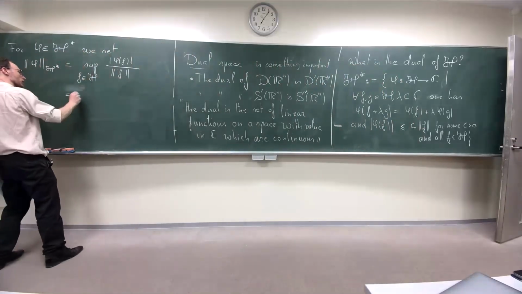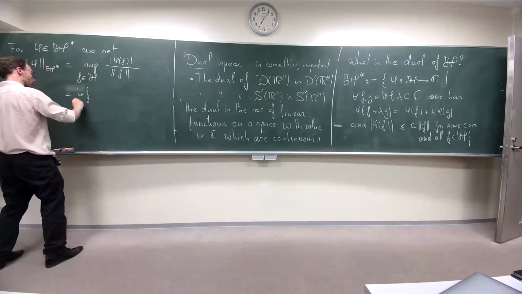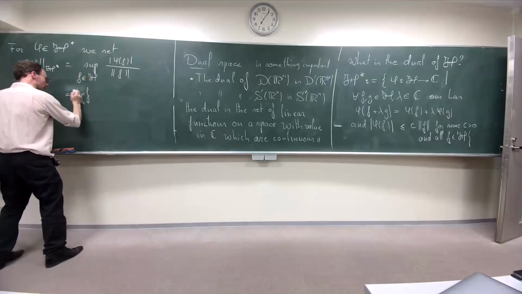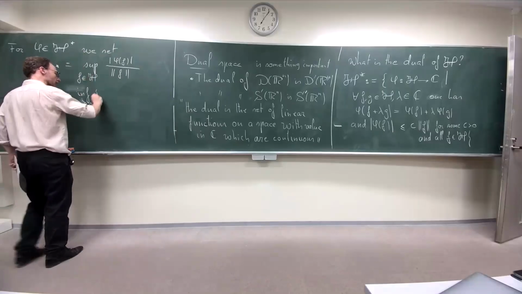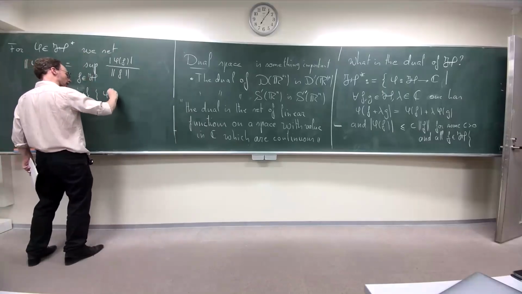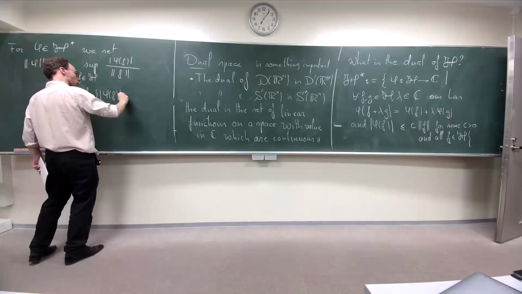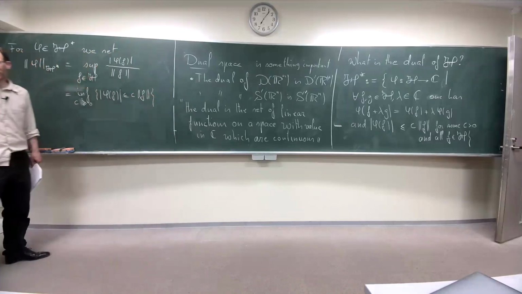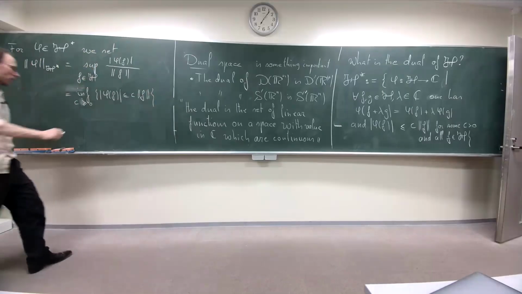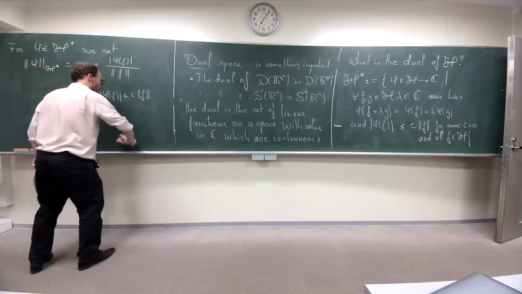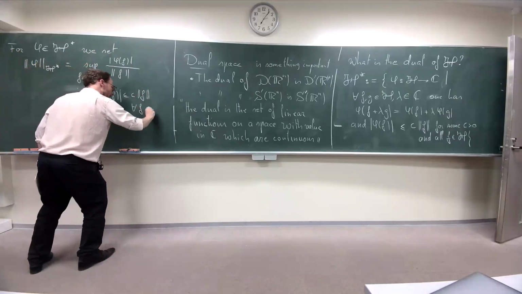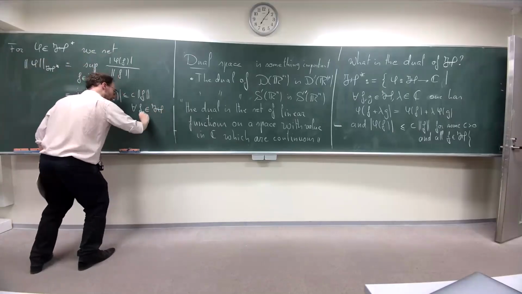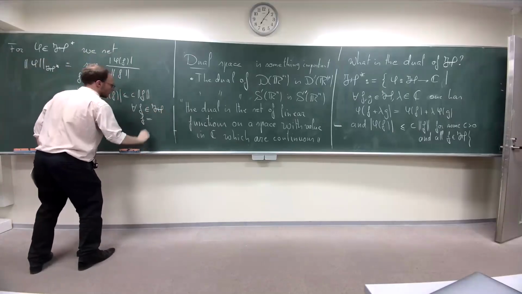This is also equal to the infimum over C bigger than 0 of the set where modulus of phi of F is smaller or equal to C times the norm of F. If you think about it, you get the same value for all F different from 0.